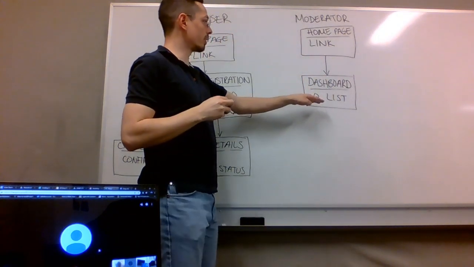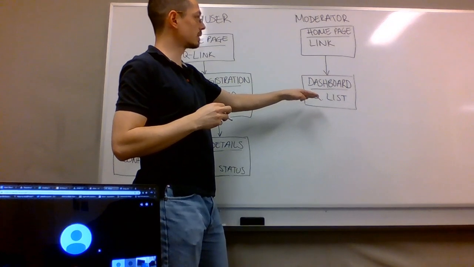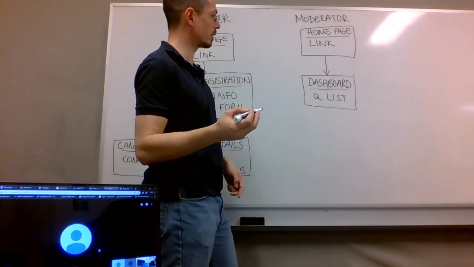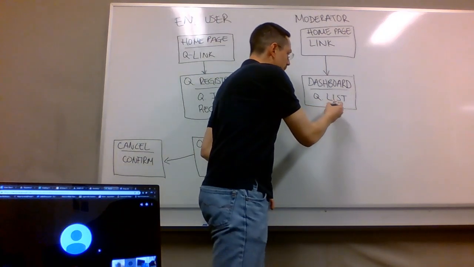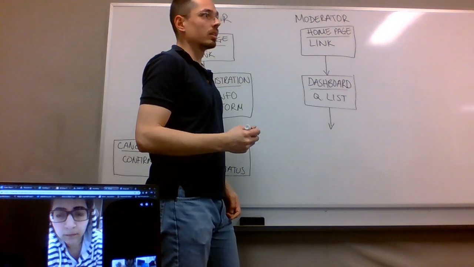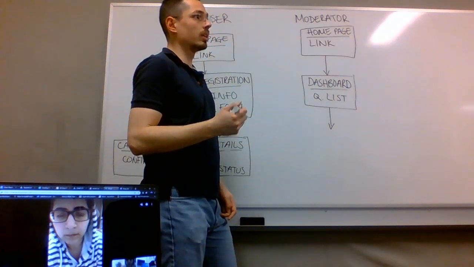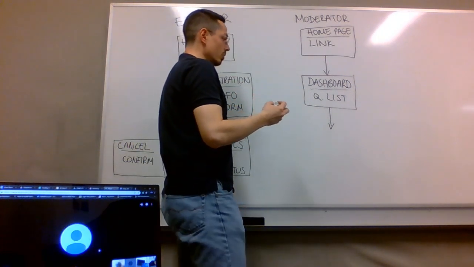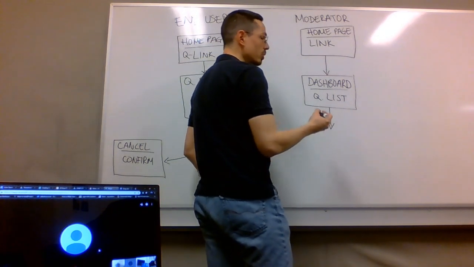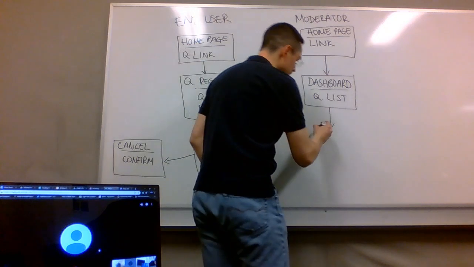And with this list, the moderator can click on any of those, and that will bring him to the active users in the queue. Okay, so we are going to see the queue information and queue users.